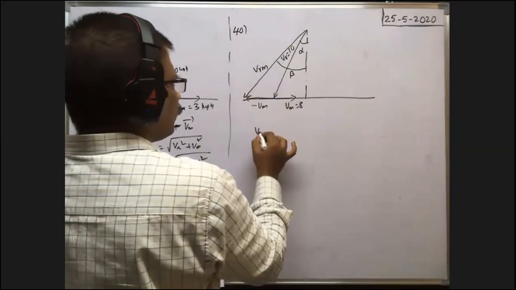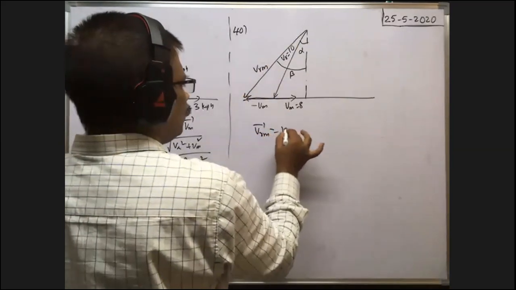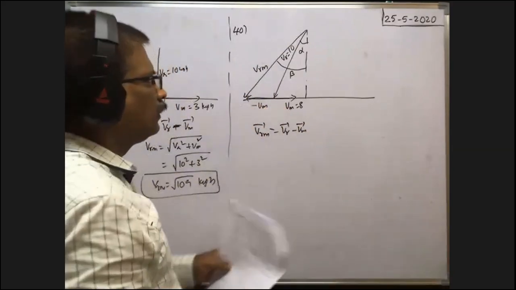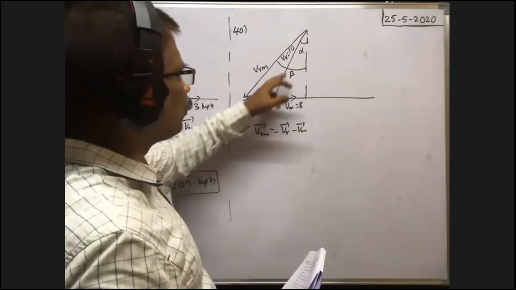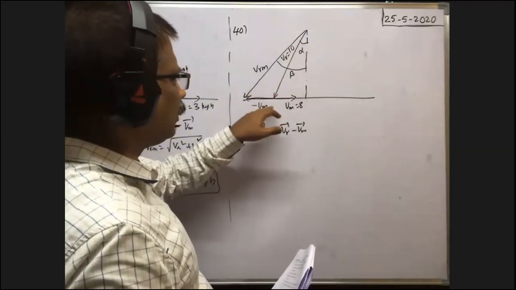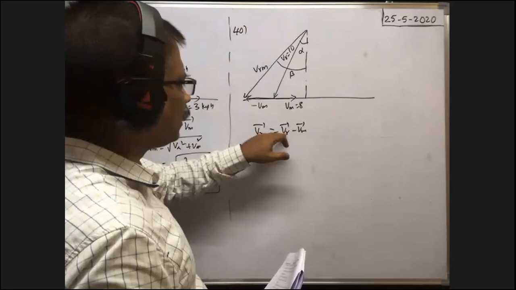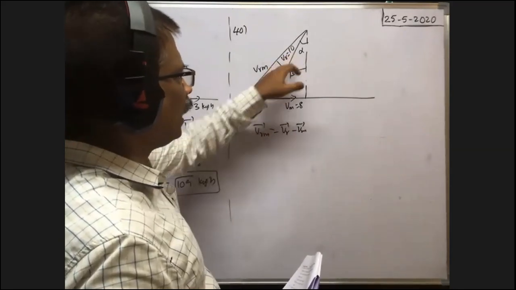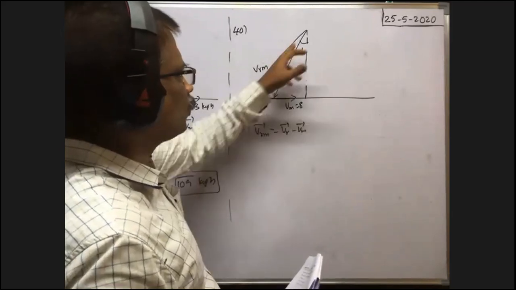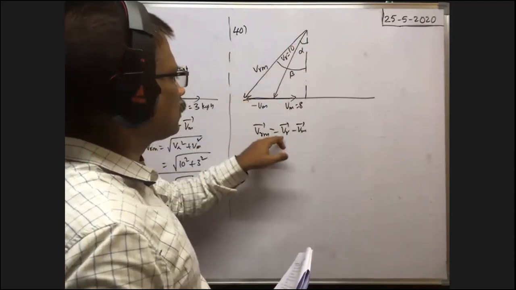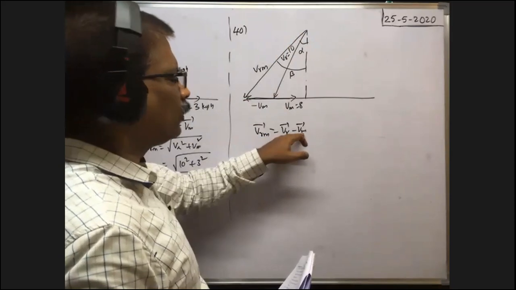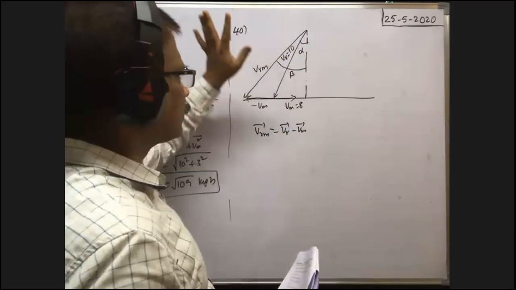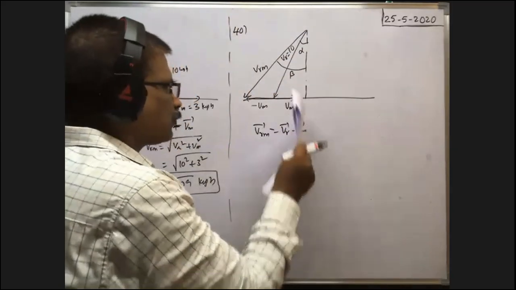Vrm bar is equal to Vr bar minus Vm bar. Can we add minus Vm bar to Vr bar? We can. Minus Vm's initial point is this one, Vr's final point is this one, so adding them you get Vr bar minus Vm bar, which is Vrm bar. So this condition is satisfied by the diagram.